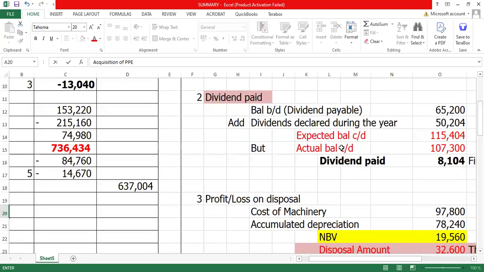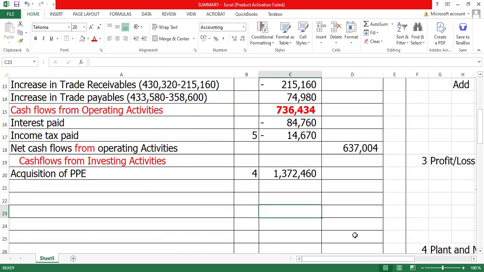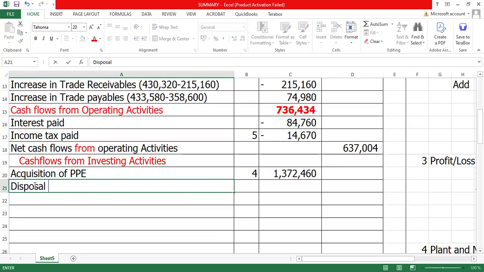That was note number 4. And the figure is how much? Okay, so what else do we have? What else did I say that we put here? Of course, we have the disposal. The disposal of what? The disposal of machinery. And that was how much?